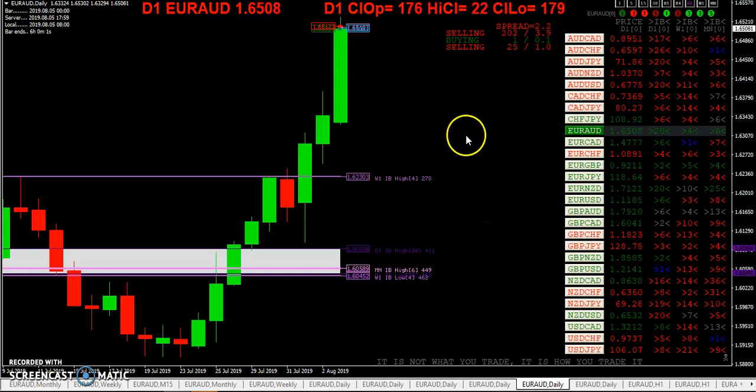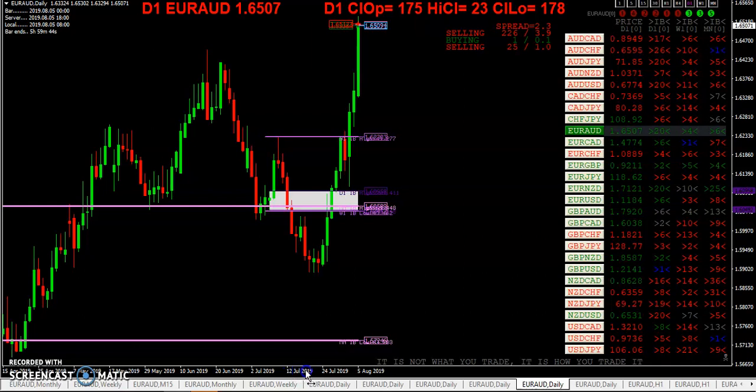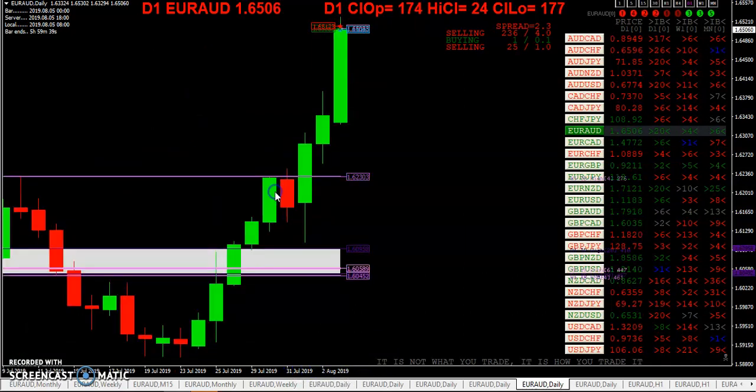Inside bar. You can see that it happened 20 bars ago on the daily. But you can see, I tried to scrunch it.